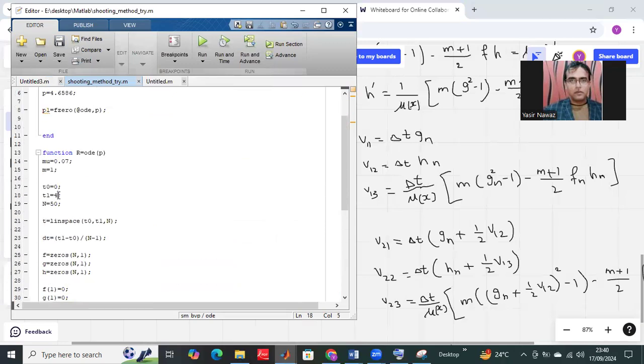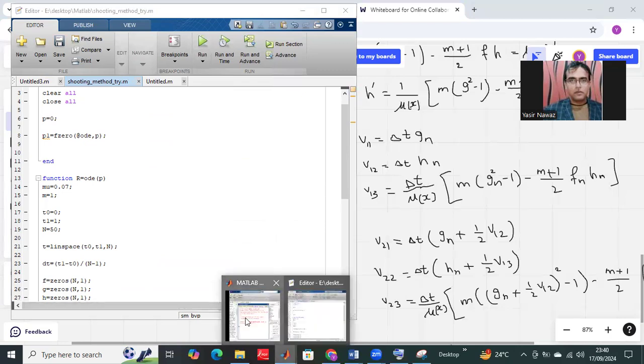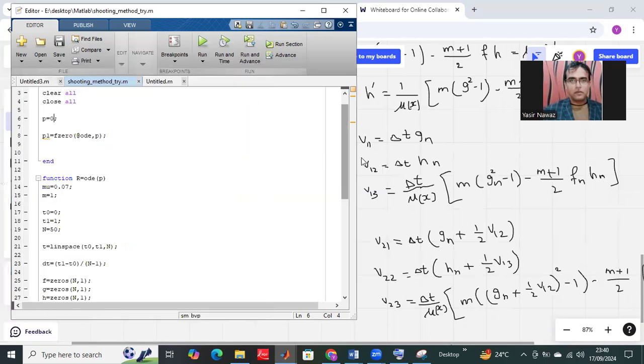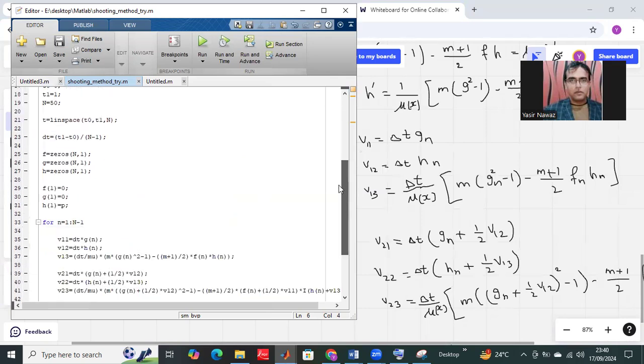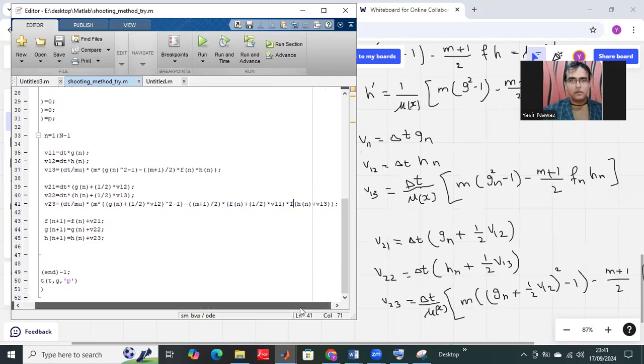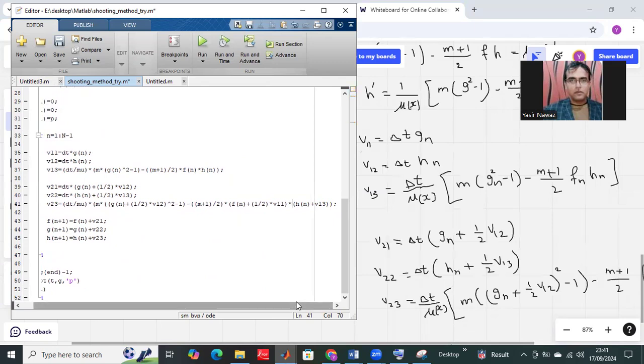I will start with a smaller domain and then see. This is Fn plus half V11, then Hn plus.